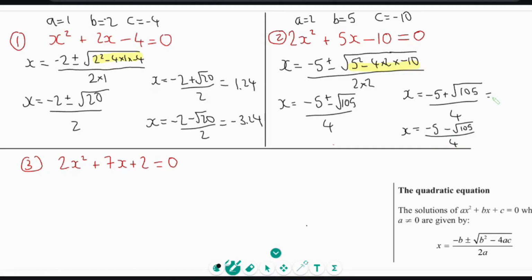So minus 5 plus root 105 all over 4, 1.31. Minus 5 minus root 105 all over 4, minus 3.81.